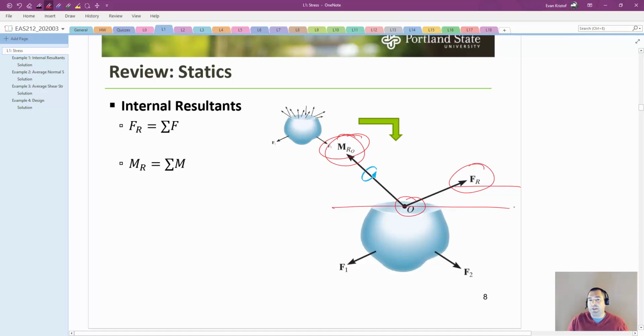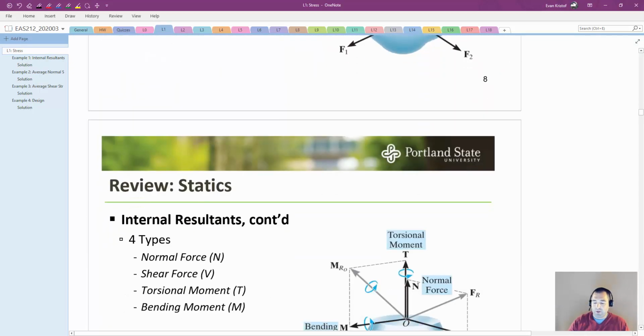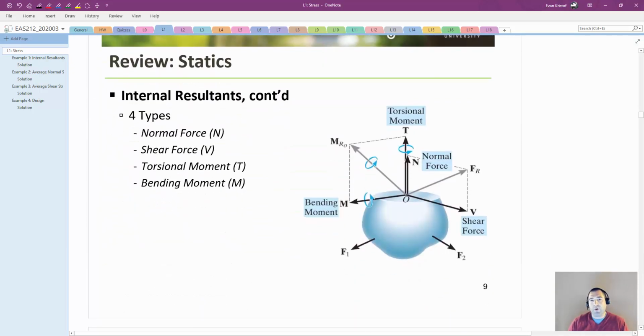But we usually want to break these resultants up a little bit more in a way that is easy for us to bookkeep. So we've got a resultant force at some angle. We've got a resultant moment at some other angle as well. But what we often do is we try to break up those internal resultants into specific directions relative to that section cut.